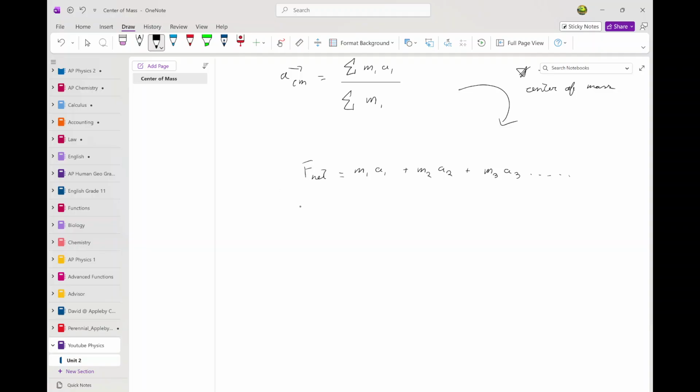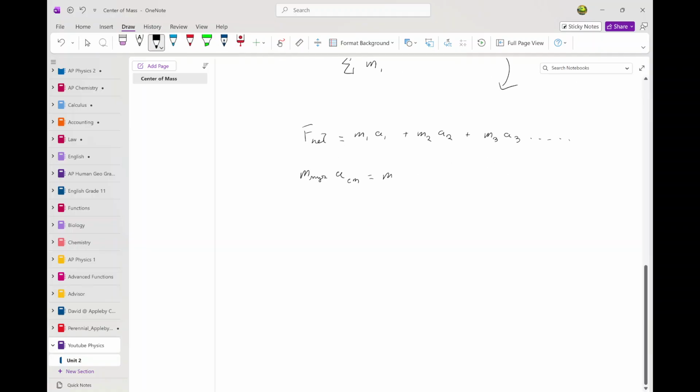Then what can we break this down into for F? M of the system times the A of the center of mass, because it's a system. The acceleration has to be kind of like an average. Think of the center of mass like an average, basically. That's technically what we're doing. Later on, we're going to do some problems so you can further understand what it means.